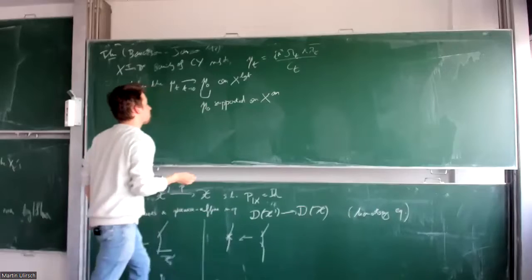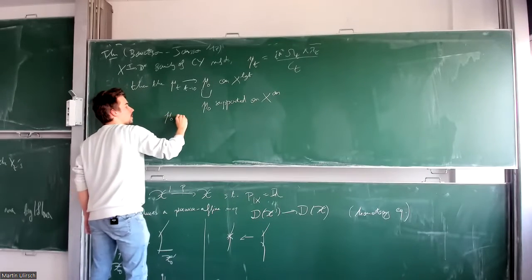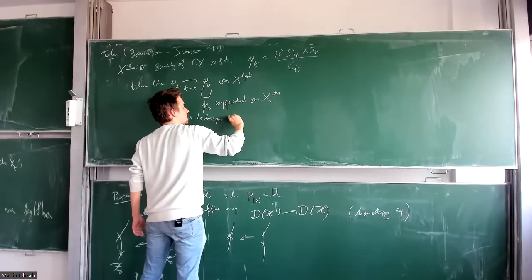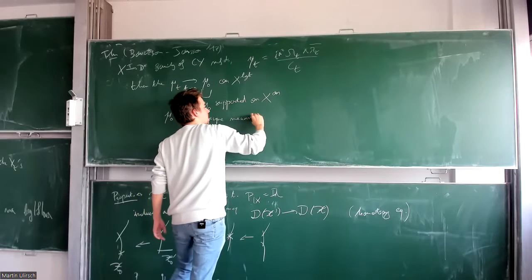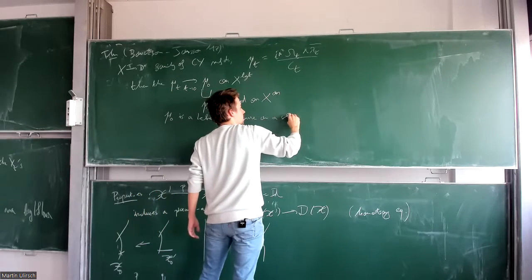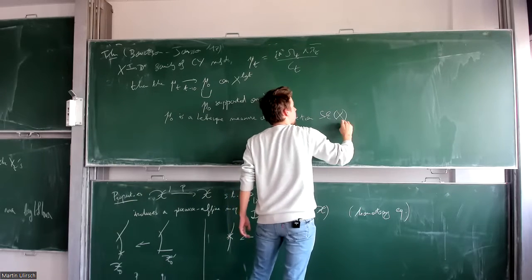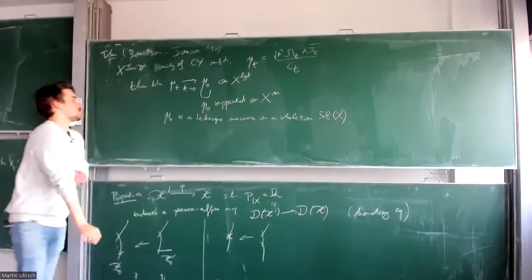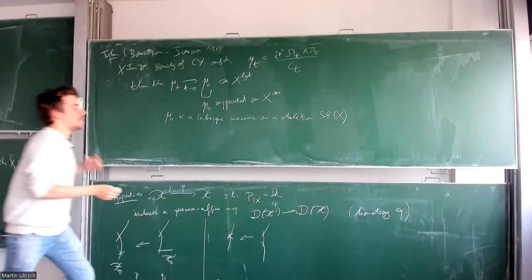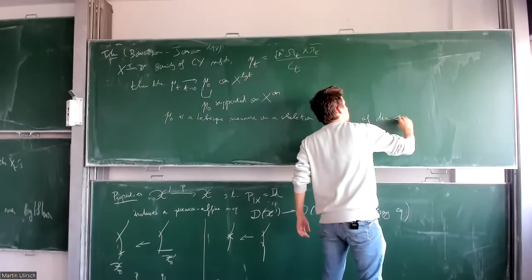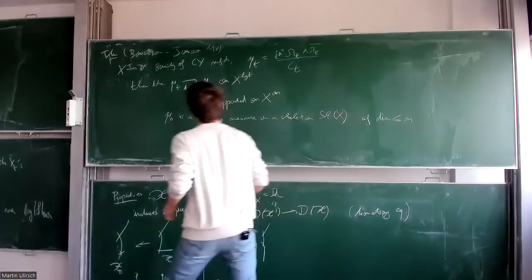But in fact, we even have better, is that mu 0 is a Lebesgue measure. So I'm being a bit vague here. Actually, on a skeleton, which I'm going to write as skeleton of X, which we call the essential skeleton, which has dimension, then again, smaller than the dimension of X.